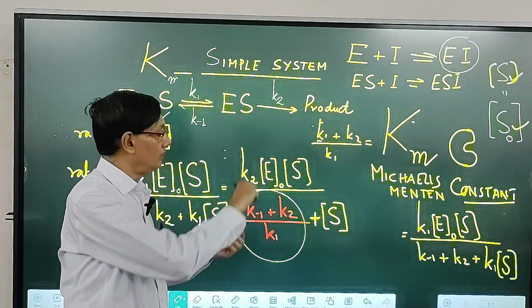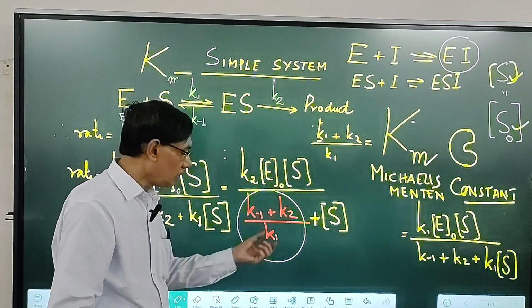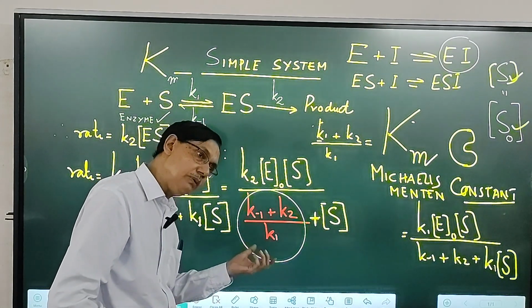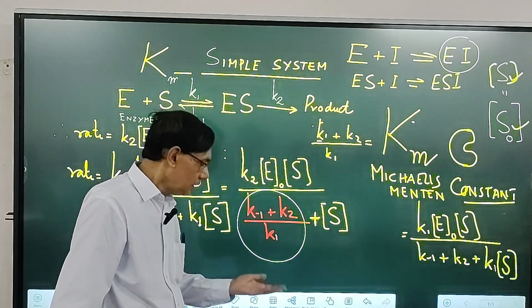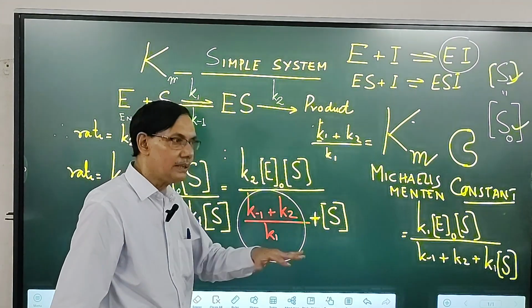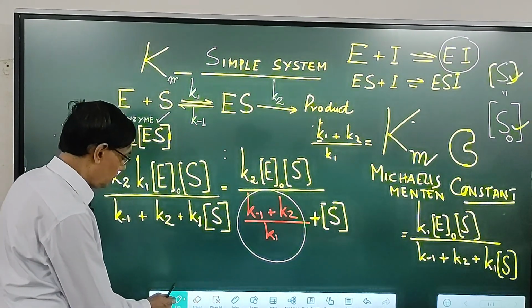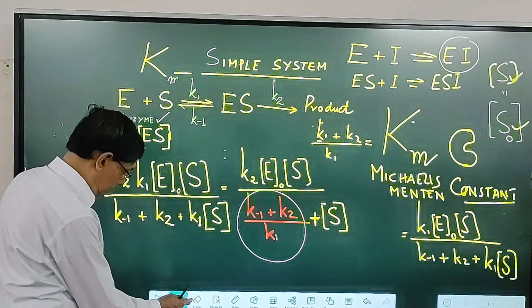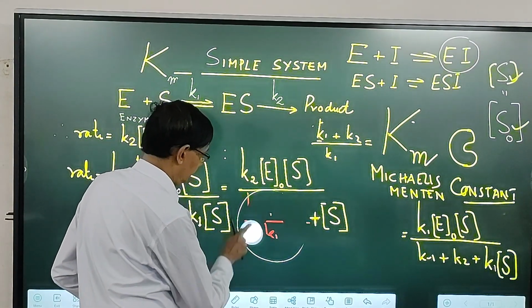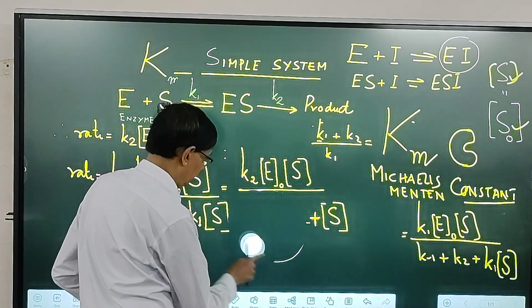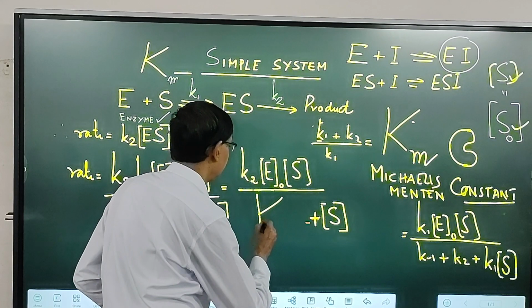That means suppose I add some inhibitors, then what would be the effect of those inhibitors on this Km value? A short type of question or objective type of question. Should the Km value increase or decrease? Now on the basis of this curve you can plot these things. So I can write now the K.